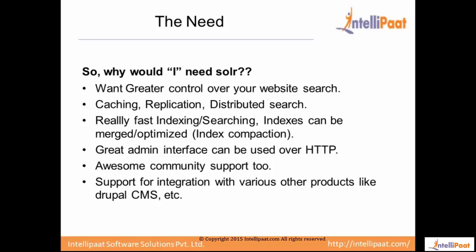So the moment a request comes to Solr, the Solr engine knows where the clothes data resides and where the mobile data resides and where the other data resides. So the search is now distributed among different servers. It will redirect the search request to that particular dedicated server. Now the next point is really fast indexing or searching.